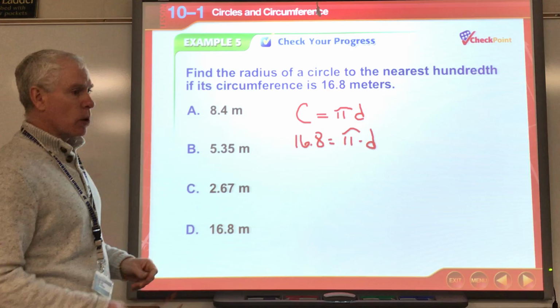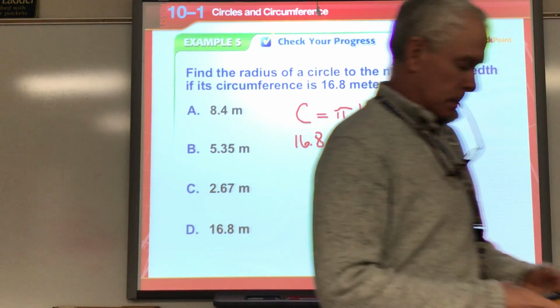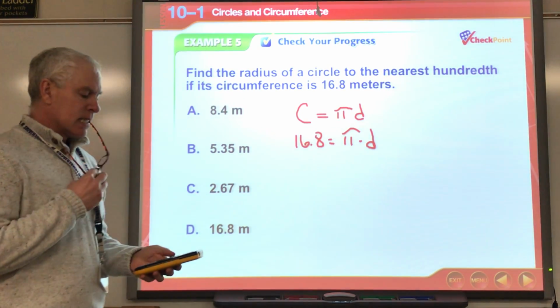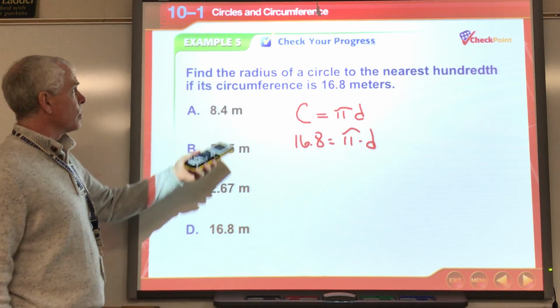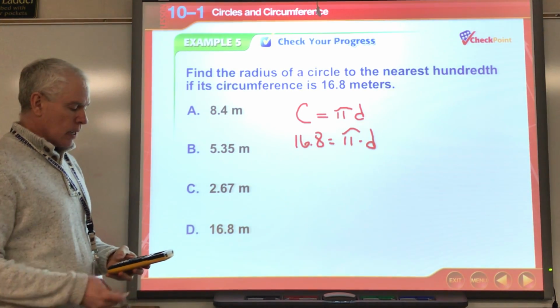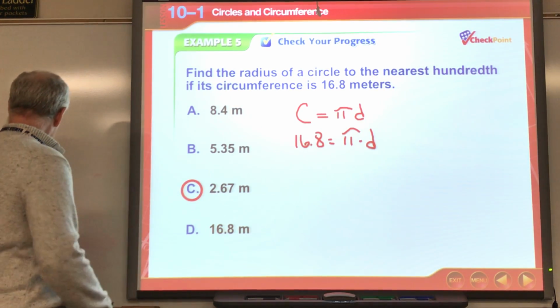Let me grab a calculator quick here. I get 5.34 or 5.35, but that's the diameter. The radius is then going to have to be half of that. So if I divide by 2, I get 2.67. So C should be my answer for this one.